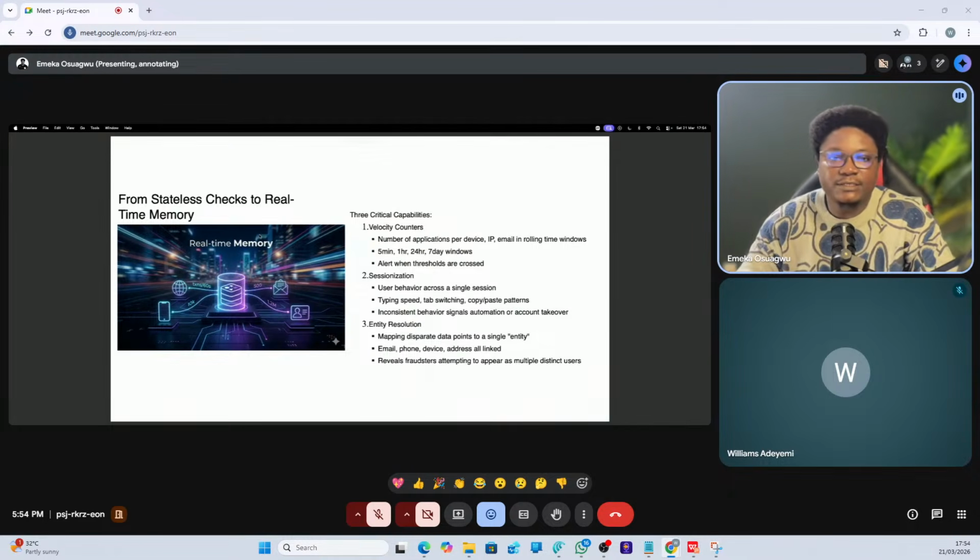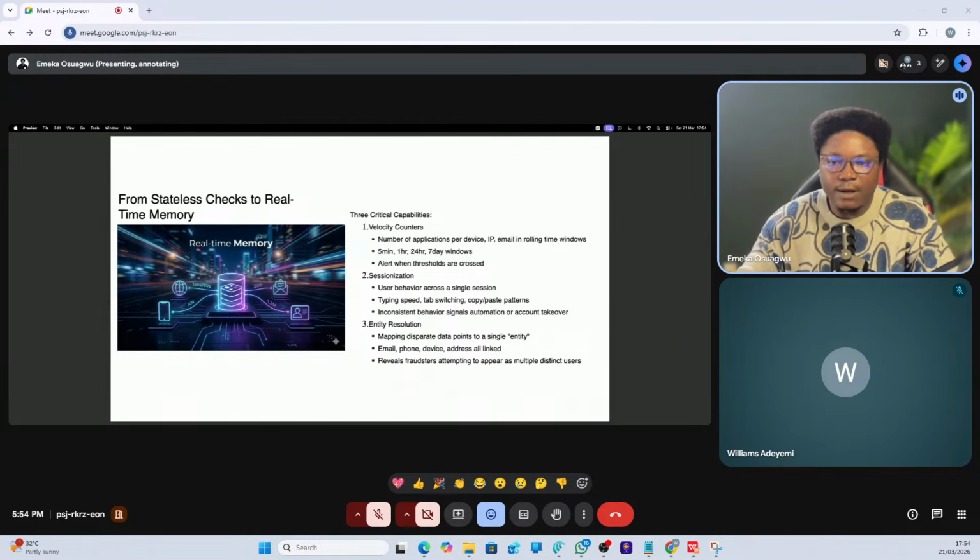The next phase is the three crucial criteria for having a stateful memory. The first one is velocity counters: number of applications per device, email, rolling time windows. How long are the customers making applications?